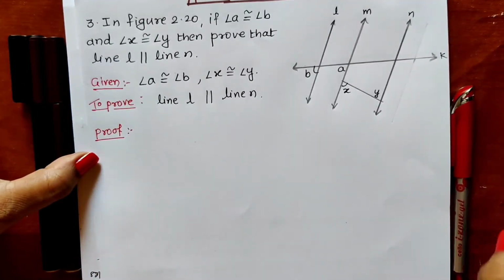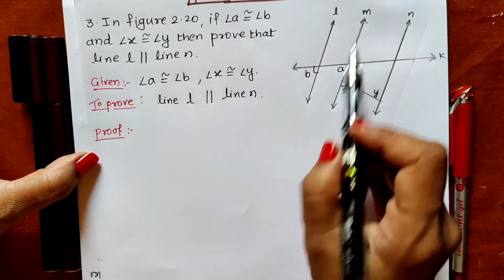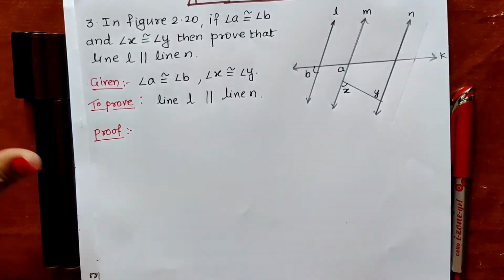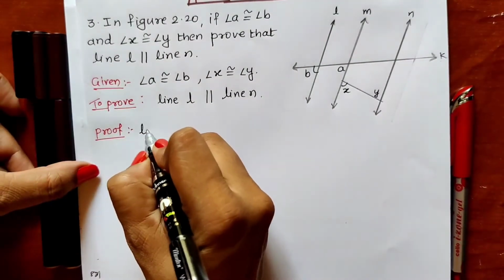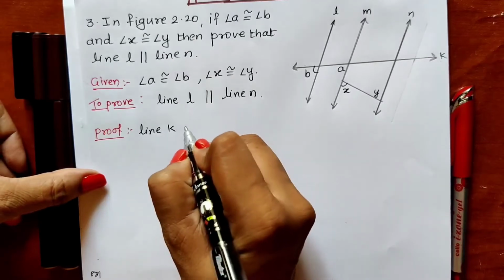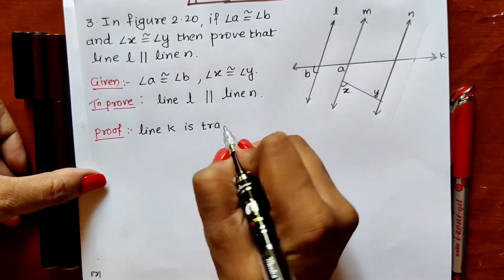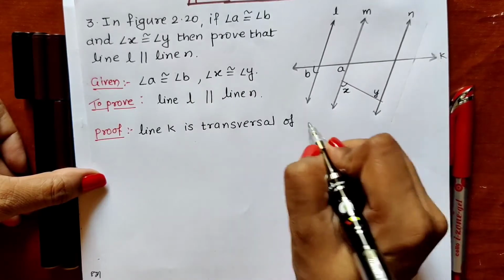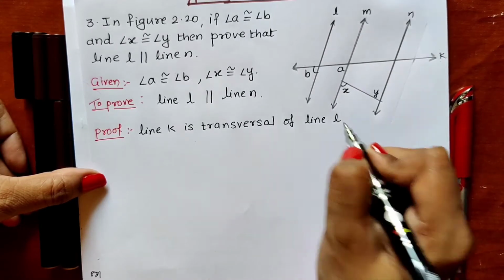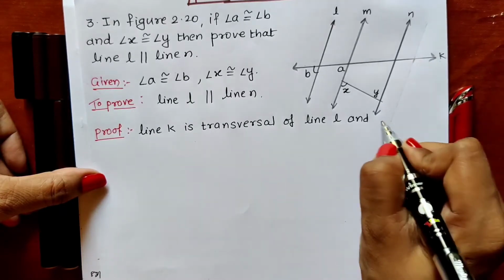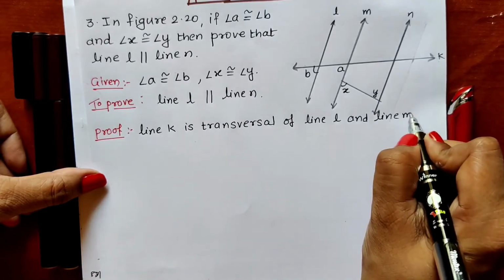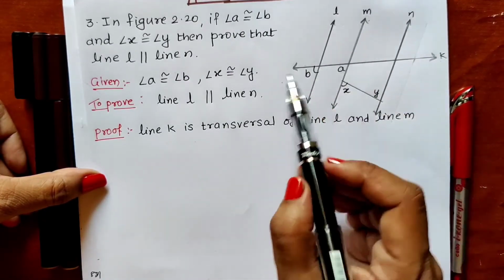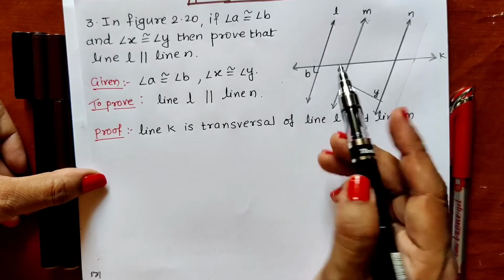We will first take these two lines, line L and line M, and their transversal line K. Line K is the transversal of line L and line M. So we can see that A and B are the pair of corresponding angles.